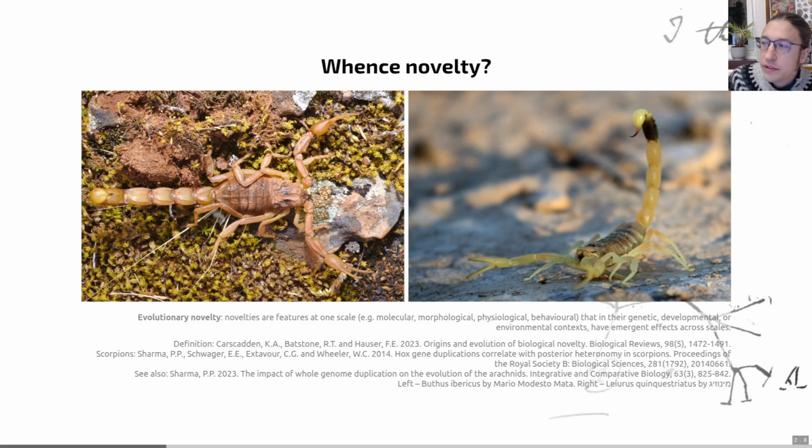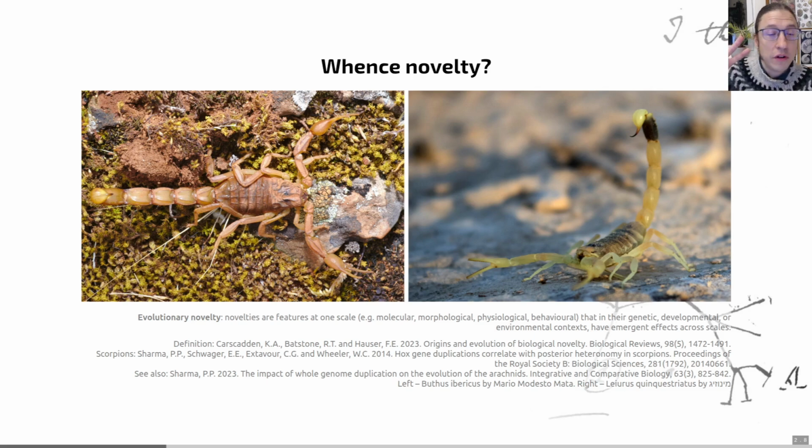And what's really nice about this is that you don't see that level of variety in the anterior to posterior segments in any other group of arachnids, at least to this extent. So the paper that I've referenced on this slide, Sharma et al. 2014, actually demonstrates that morphological variety stems from the duplication of a number of developmental genes.